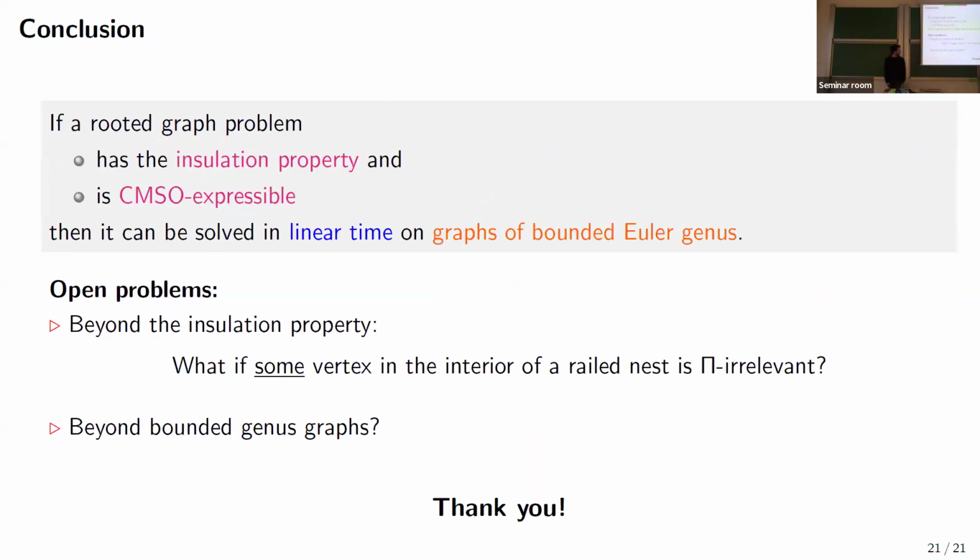Also, another question, comparing also to previous algorithms. Okay, we achieve linear time, but it's a bit unsatisfying that we go up to bounded genus graphs. So the question is, H-minor-free graphs or general graphs? Can you apply this approach really to, let's say, H-minor-free graphs?